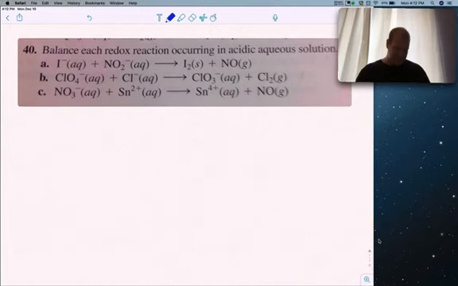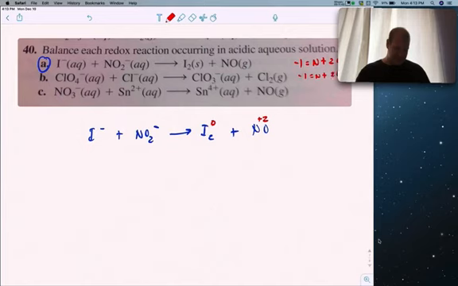So if you want to watch me do them real fast, so for A here, iodide plus NO2 minus goes to I2 plus NO. So let's do the oxidation states. Nitrogen here is plus 2, iodine 0, minus 1. So minus 1 is nitrogen plus 2 times oxygen's oxidation state, minus 1 is nitrogen plus 2 times minus 2.